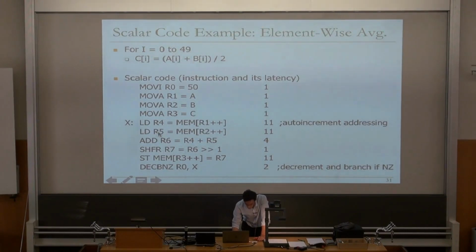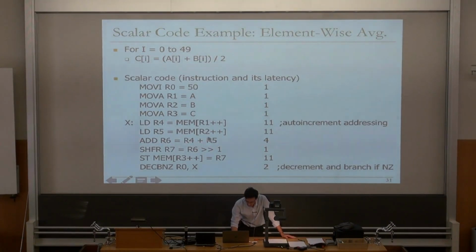Then we have the second load where we access the address pointed by register 2. In this address we have array B, so we go to memory and we store the value in register 5. We need for both operations 11 cycles, which is the access latency that we are considering to memory in this running example.